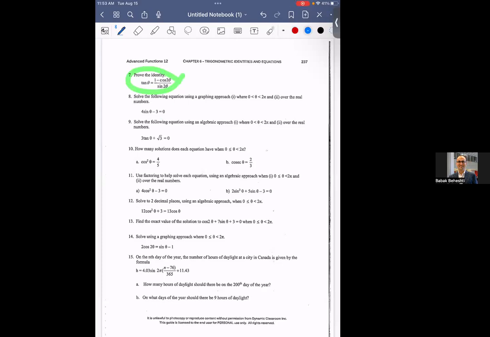I will do the second part first, it's easier. So you have 3 times tangent theta equal to minus root 3. So tangent theta is minus root 3 over 3.